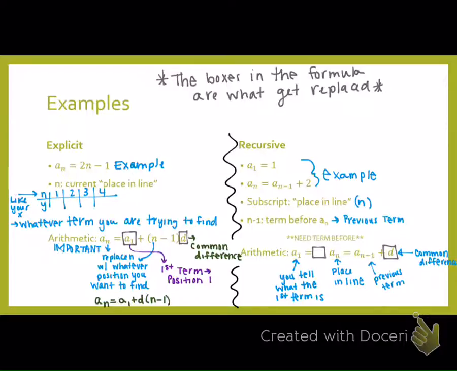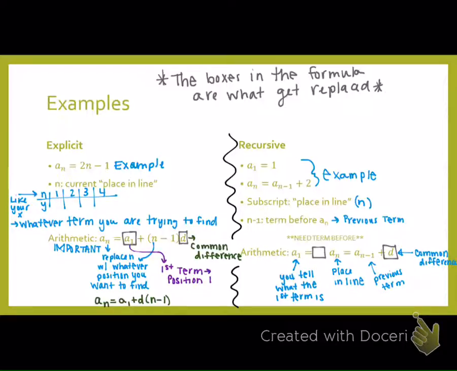So we will never replace a sub n. A sub n will stay there, just like we never replace y in y equals mx plus b. A sub 1 gets replaced with the first term. N will never be replaced, kind of like your x value. Does your x value ever get replaced in y equals mx plus b? No. And D is going to be replaced with your common difference. So these two pieces will stay in there.